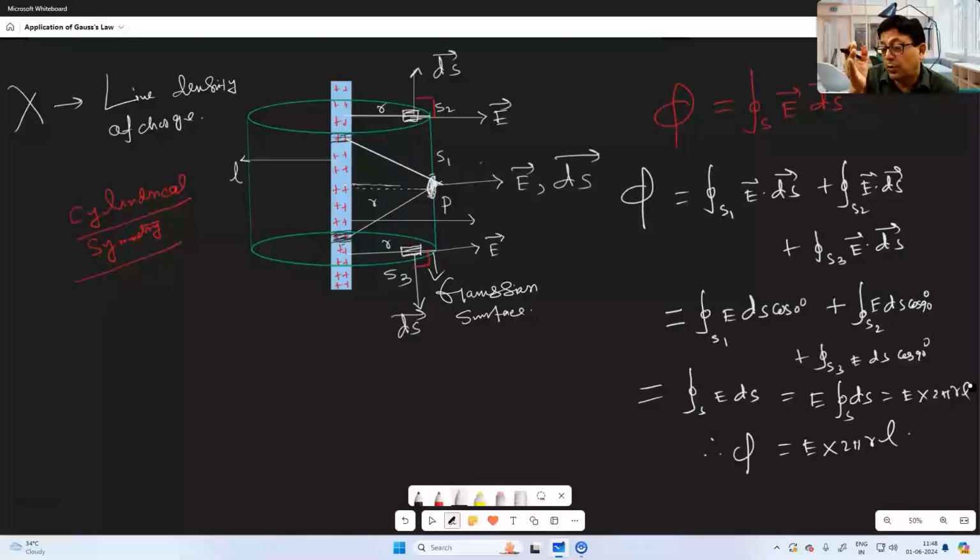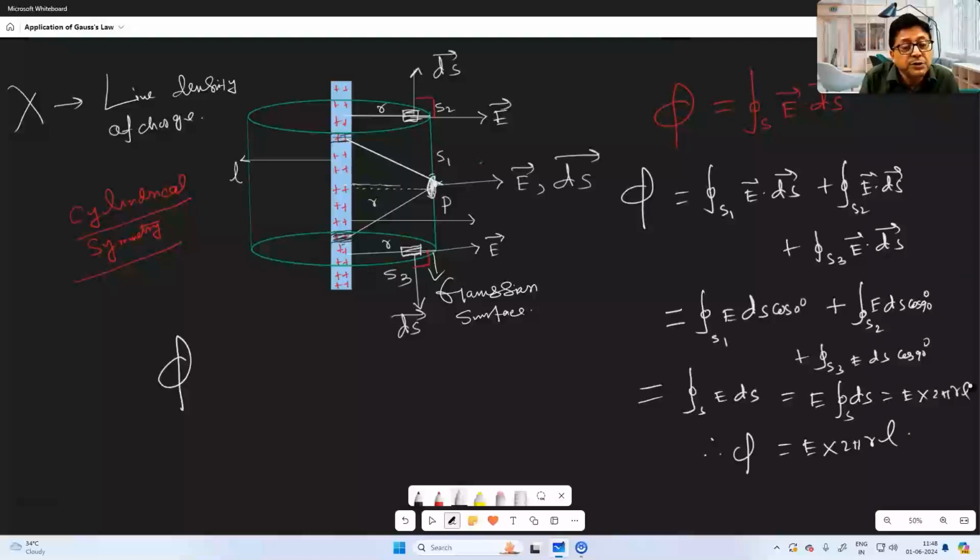So phi you have calculated by formula. It is E dot ds, which you have done in the past session, that by the use of this formula flux can be calculated. In Gauss law, what you do, you use the law now and compare with this so that E will come out.